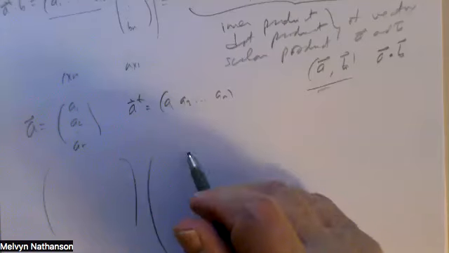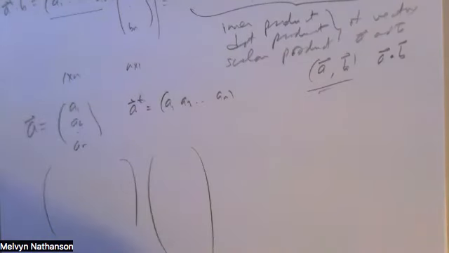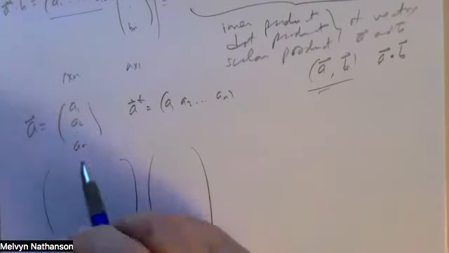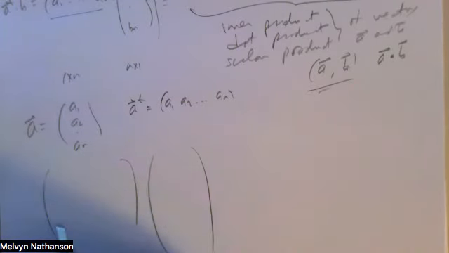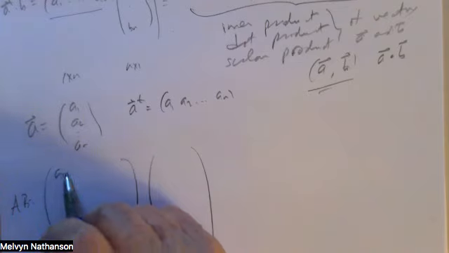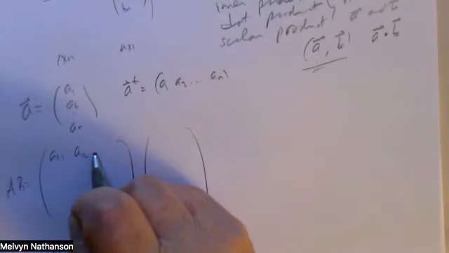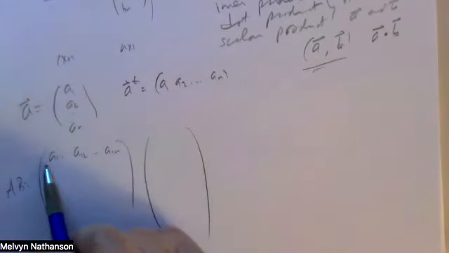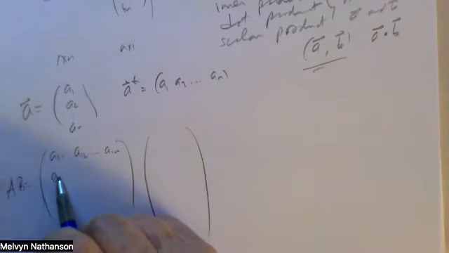And so suppose this is m by n, and this is n by p. So the first row of this matrix, this is A, this is B, A11, A12 up to A1n. This has n columns.